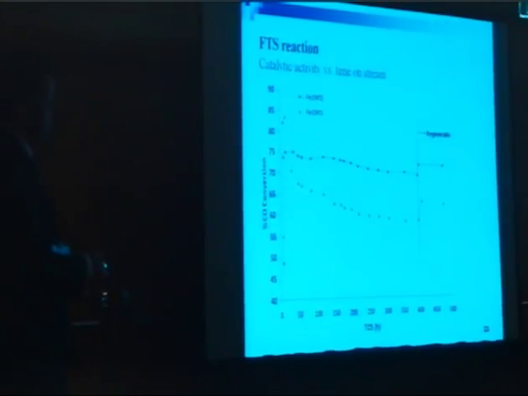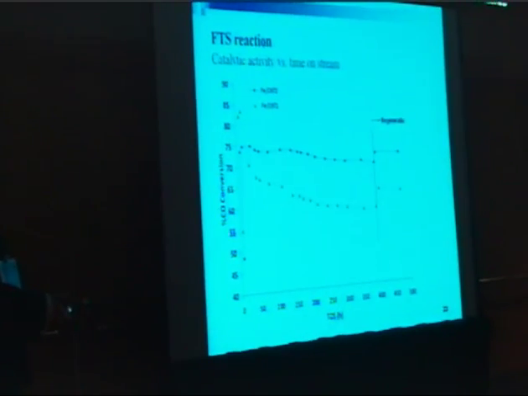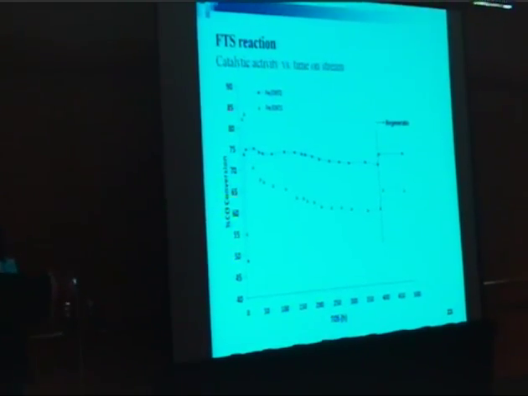The important part here is the sharp decrease in the initial stage, so we should look for the reason for this. To find out, after 400 hours, we did regeneration under hydrogen flow at 400 degrees.